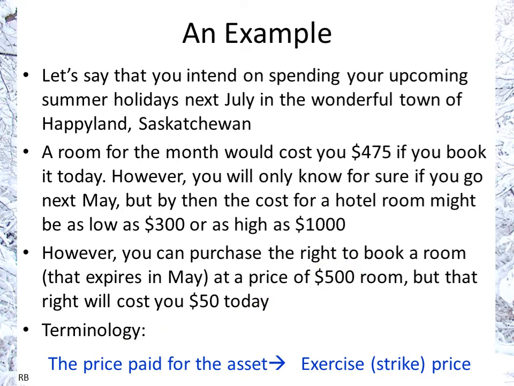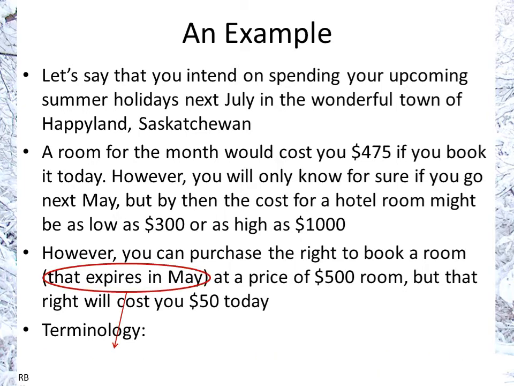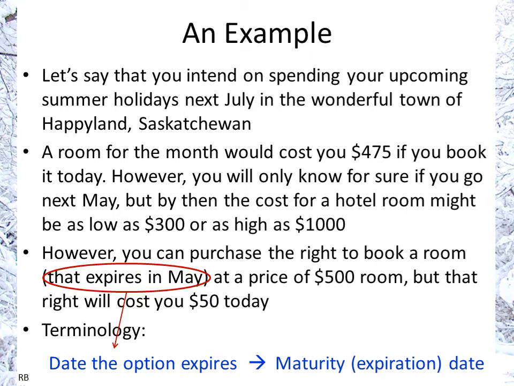That is the exercise price, often called the strike price. The right that you are purchasing would expire in May. So that date of the option expiry is the maturity date or the expiration date.